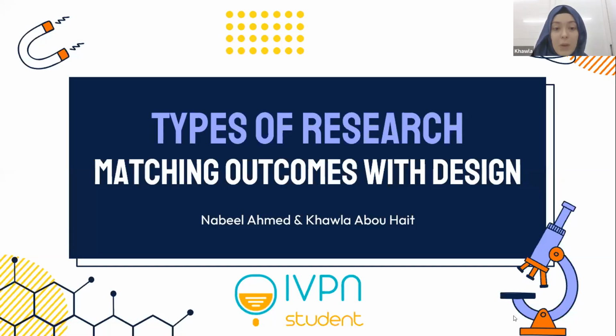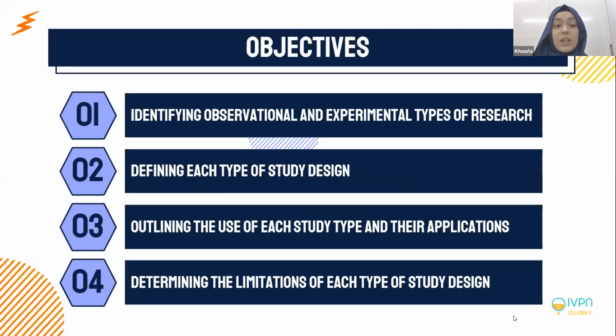Today, my colleague Nabil Ahmed and I will be presenting our topic for today, types of research design matching outcomes. During this presentation, we aim to identify observational and experimental types of research design, define each type of study design, outline the uses of each study type and their applications, as well as determine the limitations of each study type.